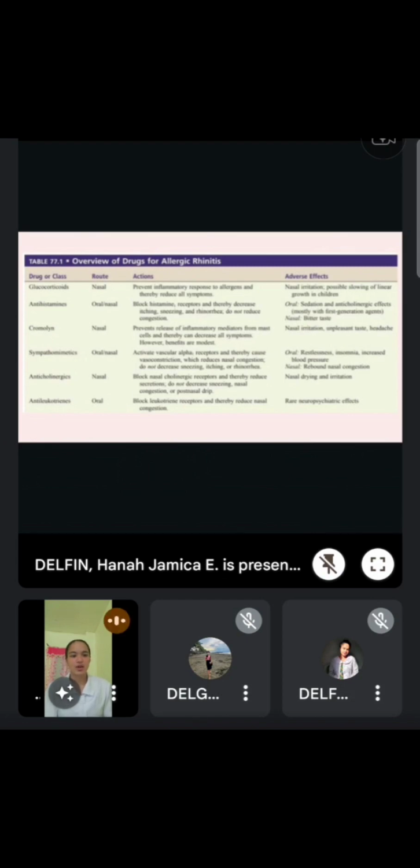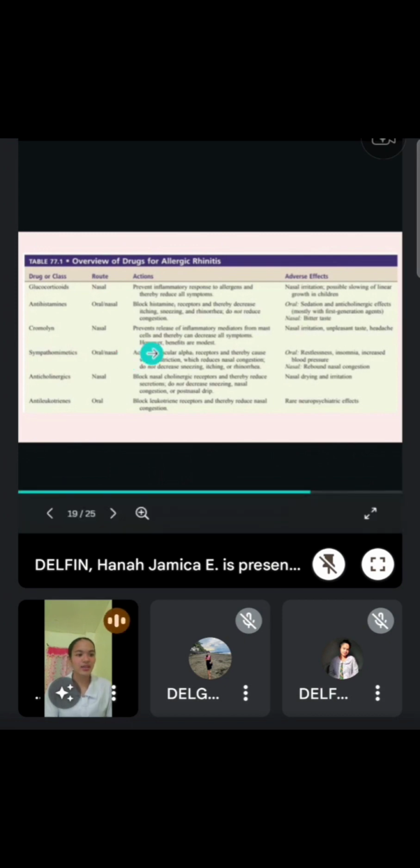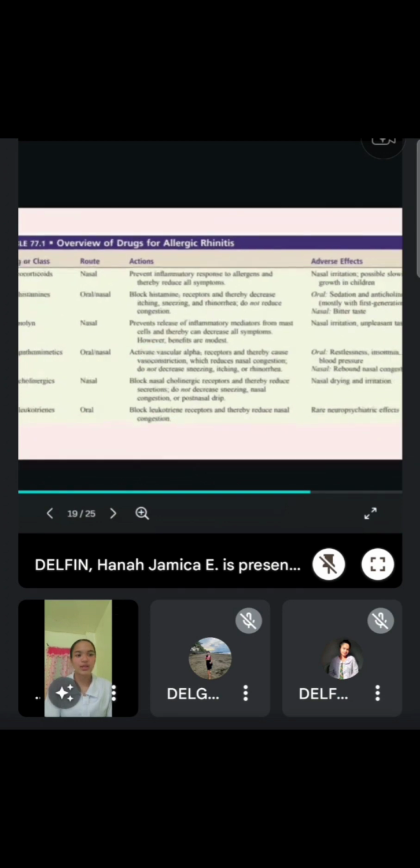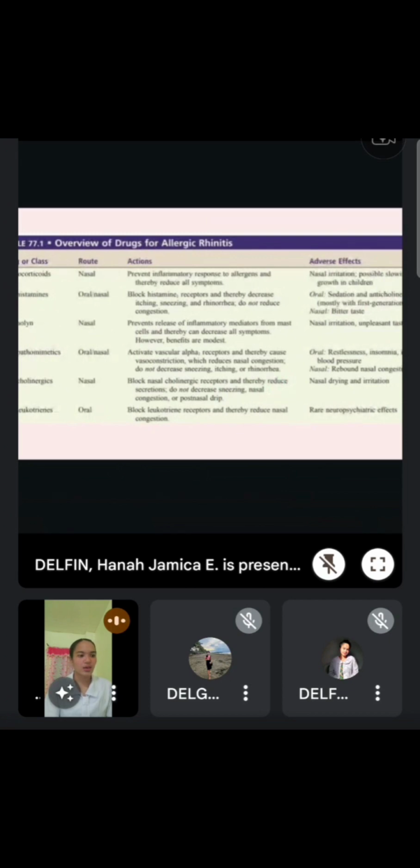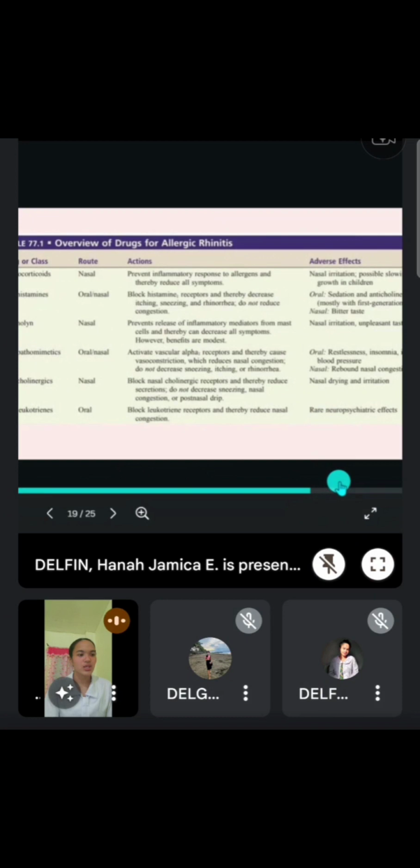Next is the anticholinergic, and the route for this is nasal. Action: block nasal cholinergic receptors and thereby reduce secretions; do not decrease sneezing, nasal congestion, or postnasal drip.